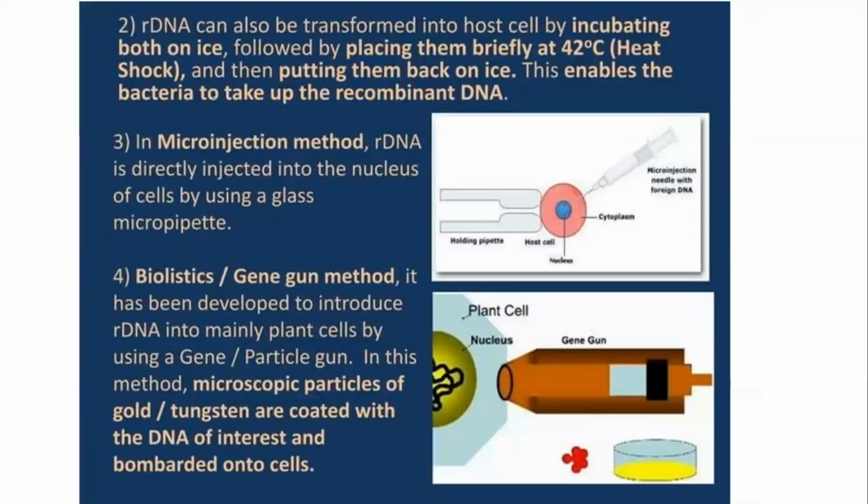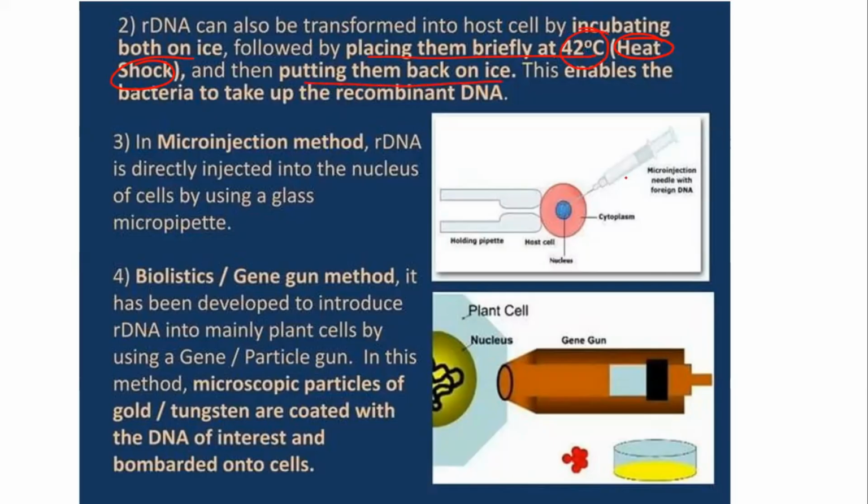Now, the second method is by using heat, that is the heat shock method. The rDNA and the host cells are both incubated on ice, followed by briefly placing them at 42 degrees Celsius, that means hot temperature, and then again putting them back on ice.